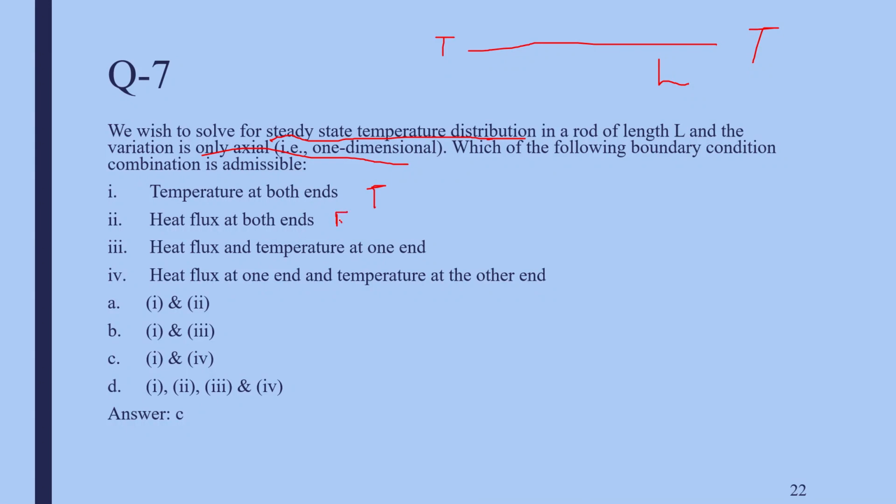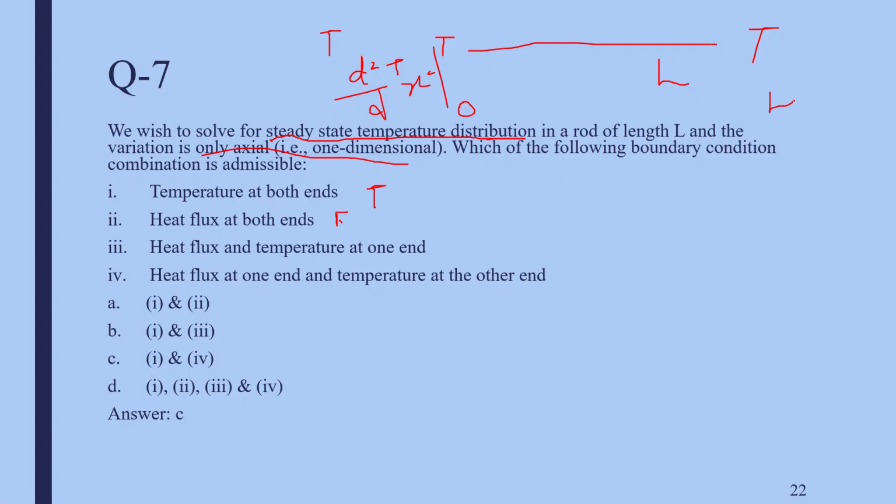Heat flux and temperature at one end. So if temperature is given at one end and heat flux d square T by dx square at the same end, let us consider x is equal to 0 here and x is equal to length here.